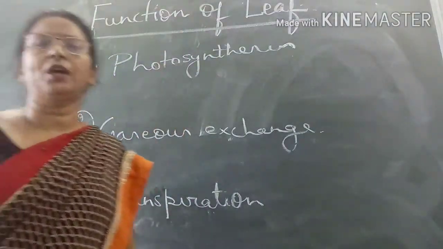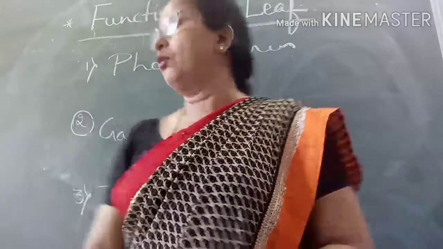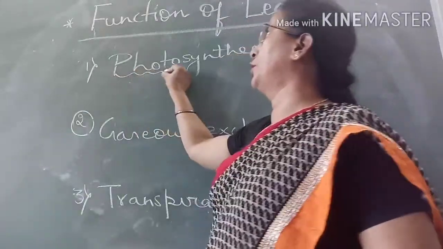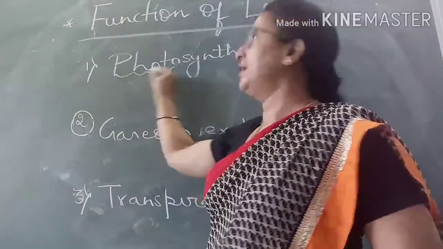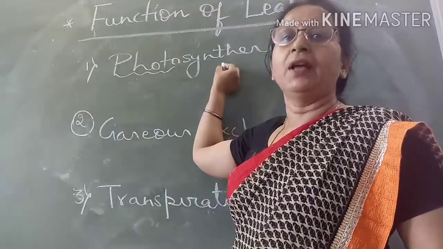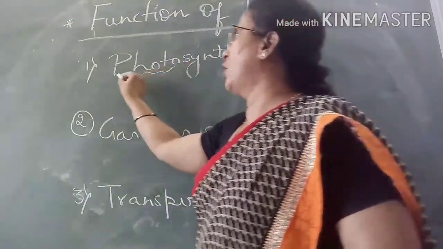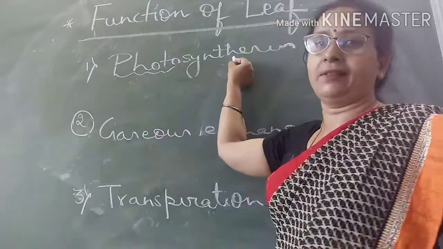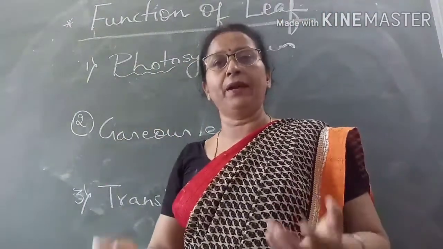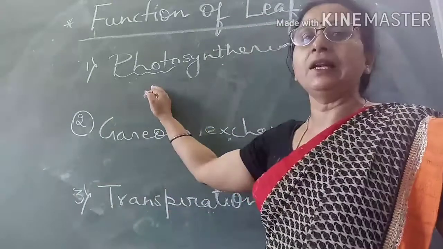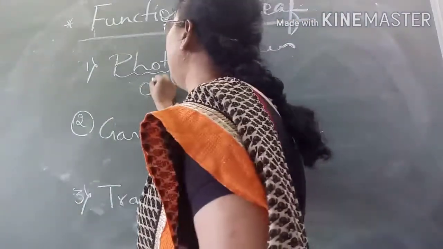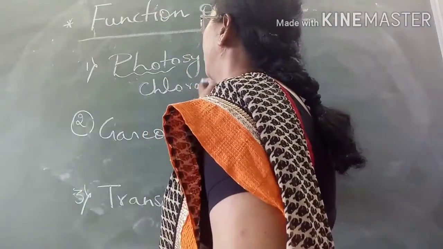First, we will come to the photosynthesis. Why its name is given photo? Since light is used in the synthesis of food, that's why it is called photosynthesis. How and where plants synthesize their food? Actually, in leaves, chlorophyll is present.